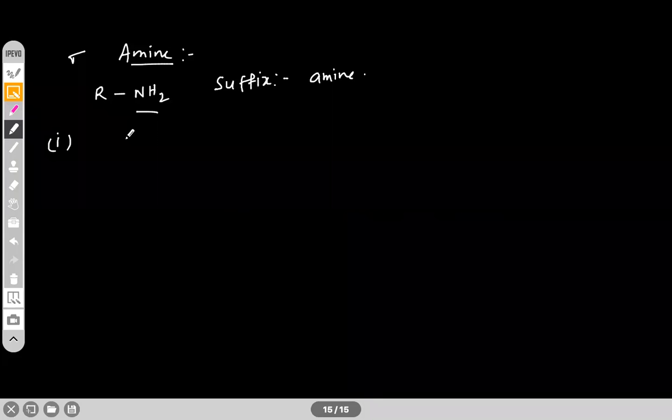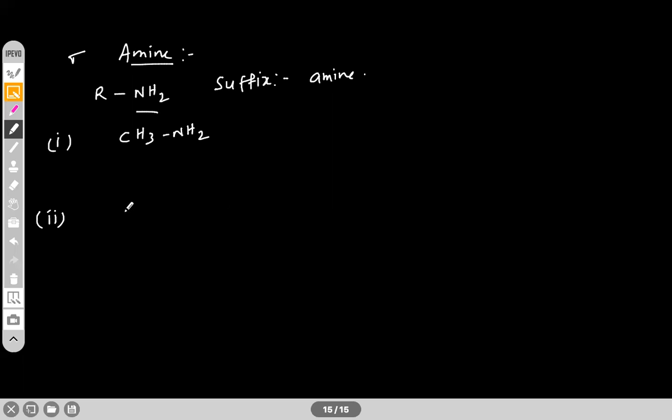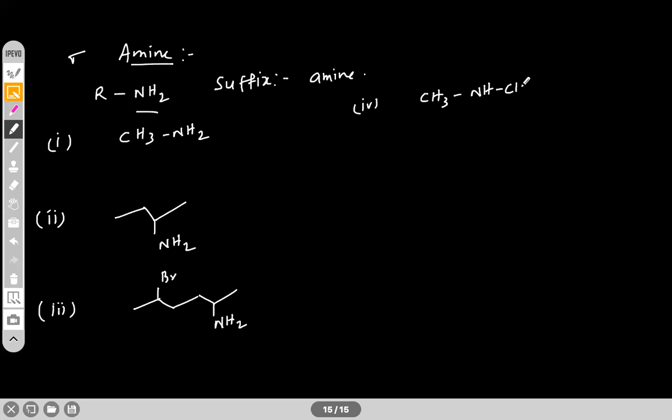So write down the name of this compound: CH3NH2, NH2, NH2Br, CH3NHCH2CH3, CH3CH2NCH3CH3.